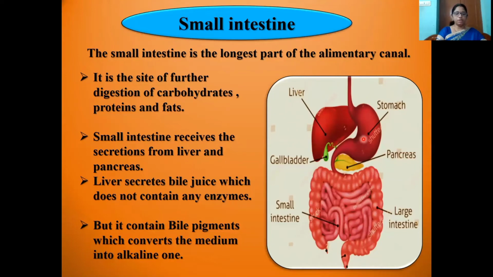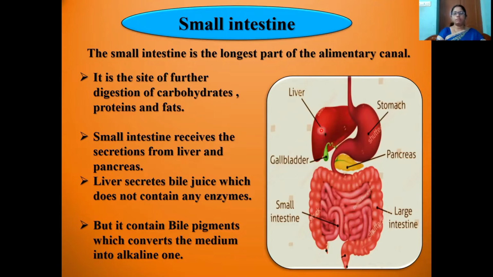The food passes from the stomach to the small intestine through the pyloric sphincter. The small intestine is the longest part of the alimentary canal. It is the site of further digestion of carbohydrates, proteins, and fats. The small intestine receives secretions from the liver and pancreas.